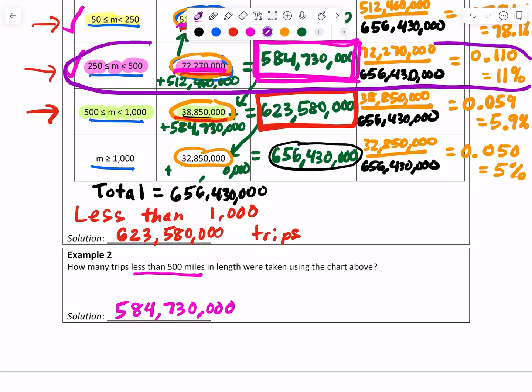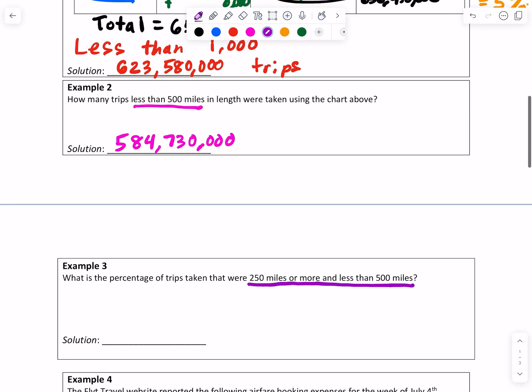This is where I'm looking. What is the percentage of trips that were taken? Percent, here we go. 11% of trips taken fall in that range. I think we're done with that table, done with that big example. Let's look at another situation.